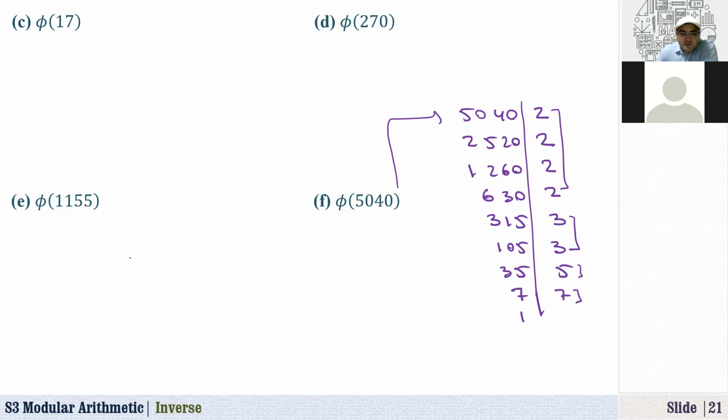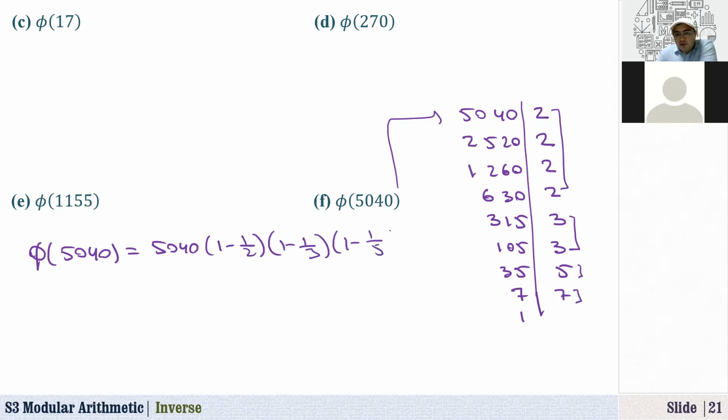Now let me write phi of 5040 is equal to 5040 times (1 minus 1 over 2) times (1 minus 1 over 3) times (1 minus 1 over 5) times (1 minus 1 over 7).